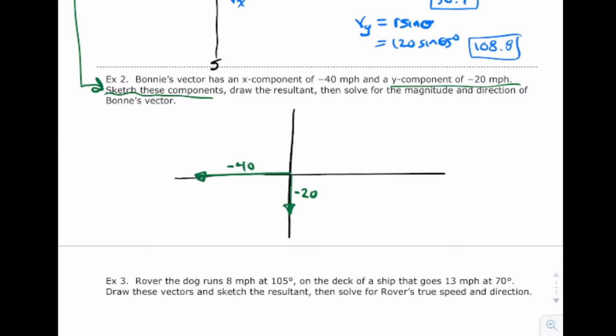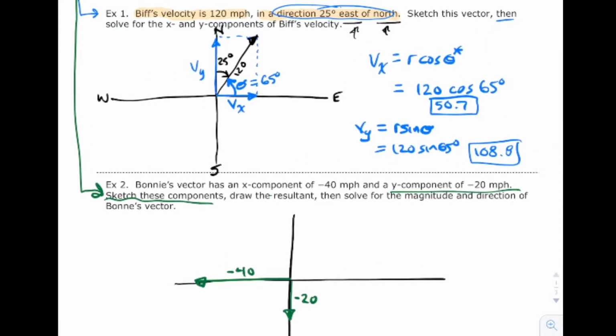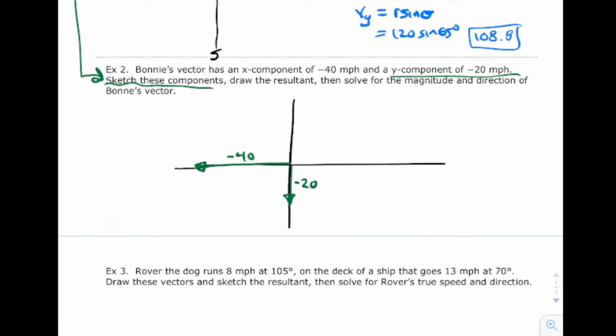Okay, draw the resultant. Okay, well, quick look back up here. Remember when we had the vector and we broke it into components by making this little rectangle thing? Well, we're going to do the opposite of that this time. The -20 and the -40 are the sides of my rectangle.